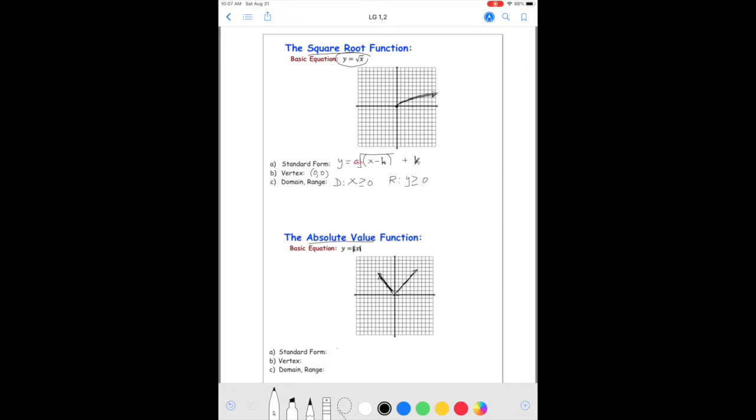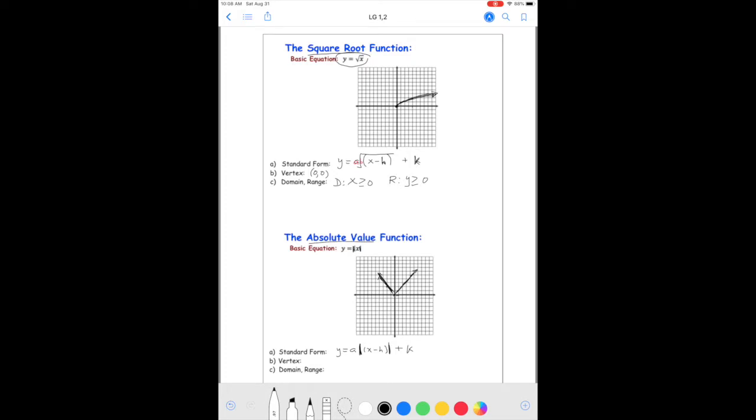Okay, so again, we're going to see this format quite a bit now. It's going to be the absolute value of x minus h, and remember the bars, because this time it's an absolute function, plus k. All right.